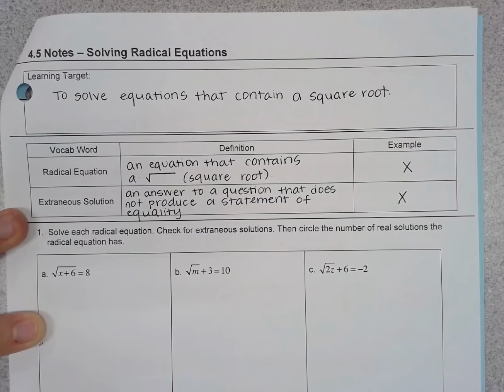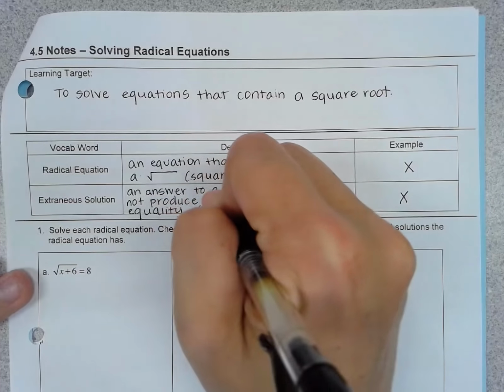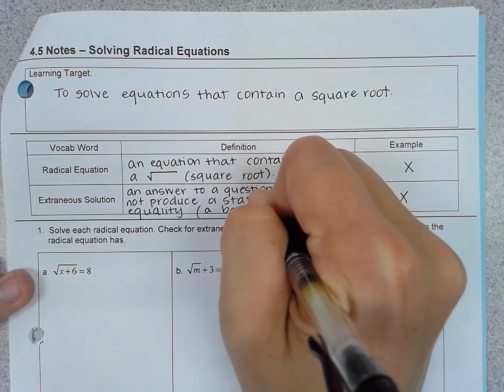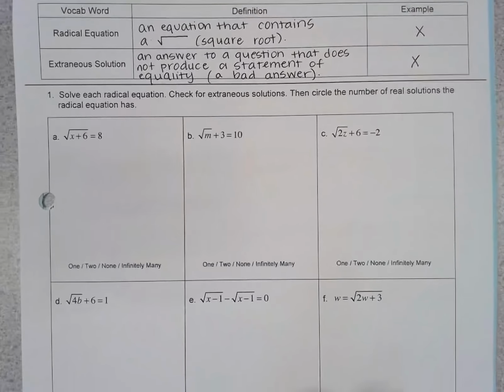An answer to a question that does not produce a statement of equality. If you wanted to give a different definition for extraneous solution, you could also call it a bad answer. And so you'll hear me use these words today while I'm talking about extraneous solutions.